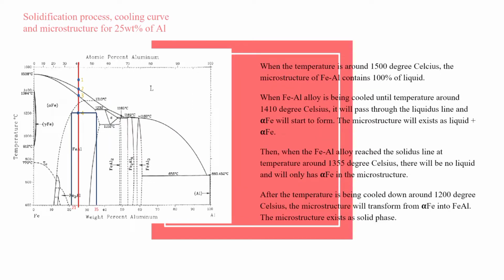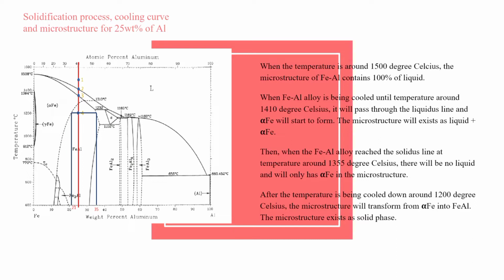Next, we will further our discussion to the solidification process for 25% weight percentage of aluminium. As we can see here at point 1, when the temperature is around 1500 degrees Celsius, the microstructure of iron aluminium alloy contains 100% liquid.